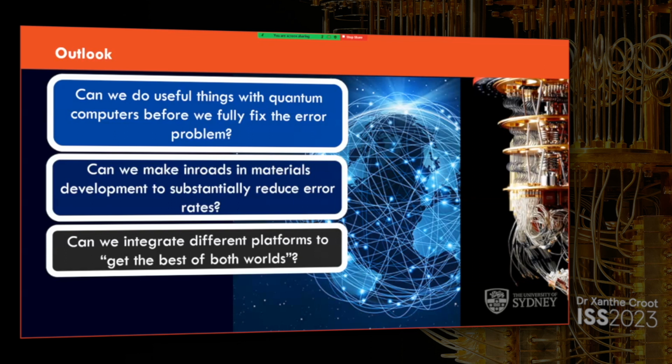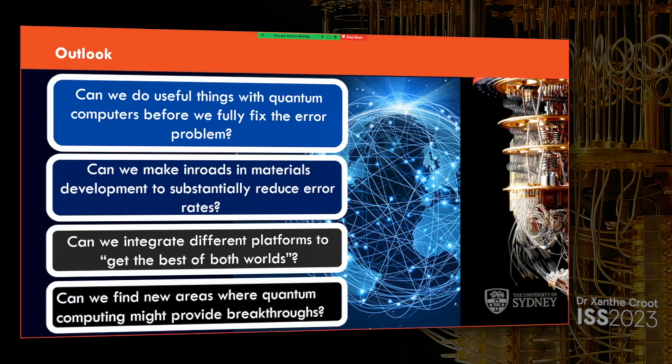People are working on, and this is something I'm particularly interested in, can you integrate many of the different forms of quantum computing technologies into one platform, so that you're not limited by the limitations of just one of them? You can make a best of both worlds kind of situation.